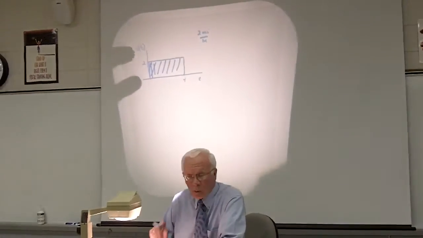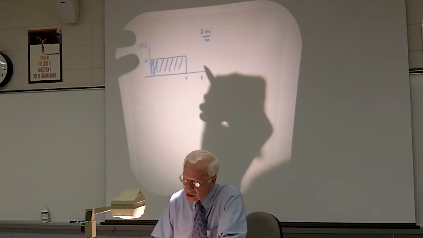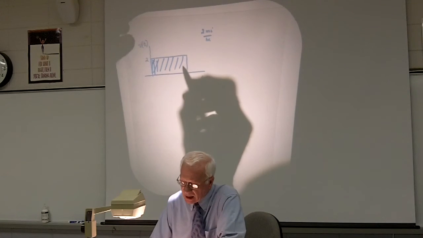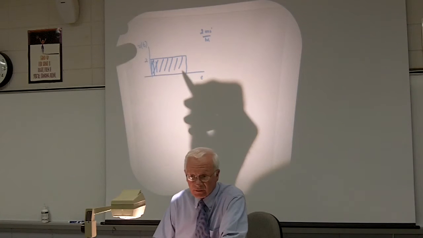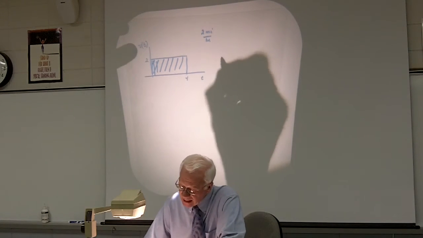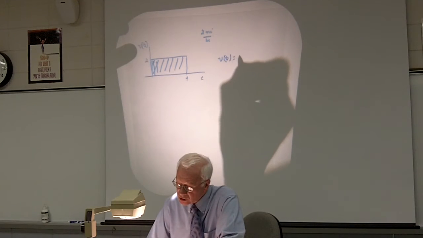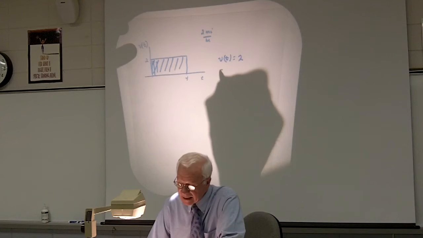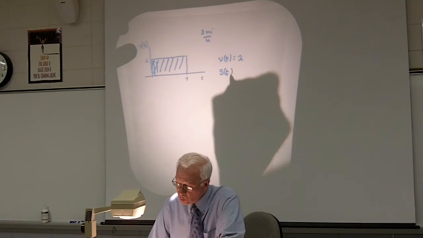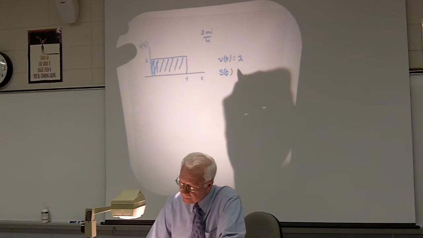Now, watch this. What is the antiderivative of this? Because I have here v at t equals 2, and I would like s at t, which is 2t plus c.